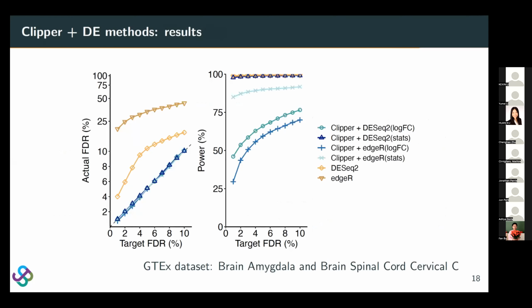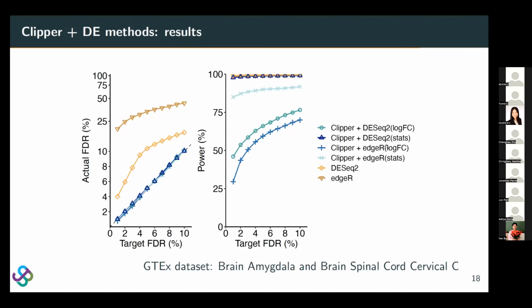This is a result on our previous benchmark datasets. We apply our idea on those GTEx and TCGA datasets and tried two different kinds of summary statistics.